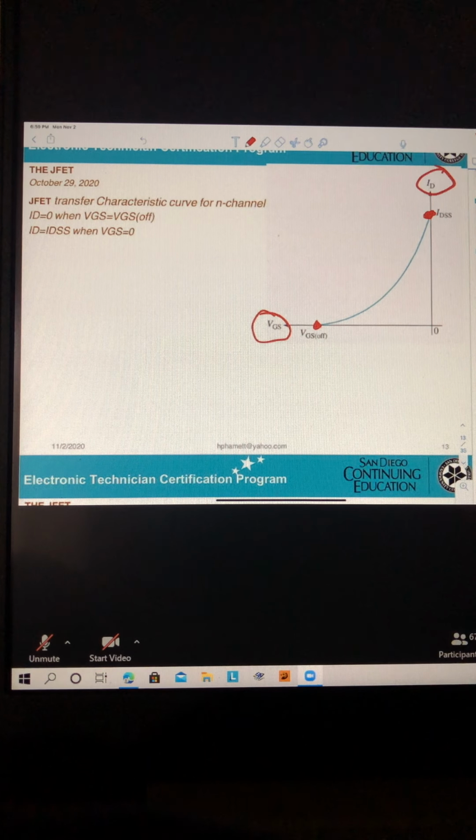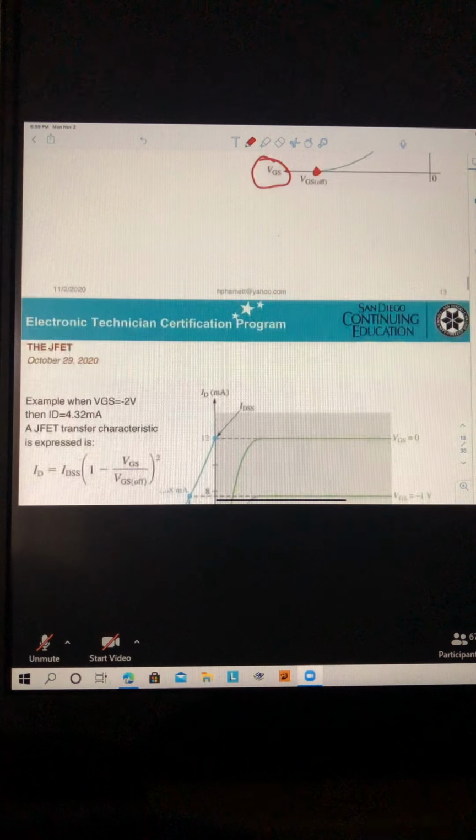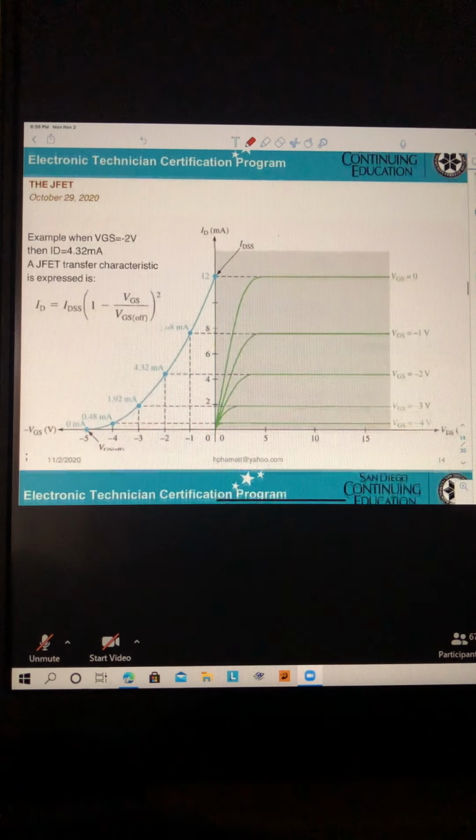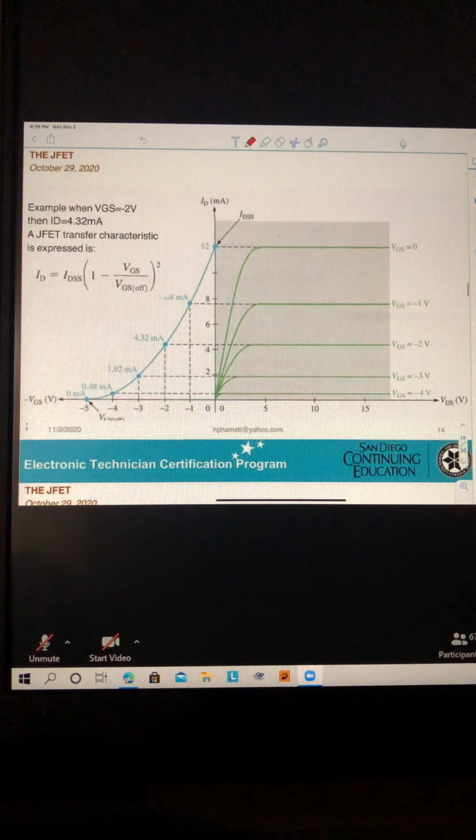So that is the transfer between VGS and ID. Now, on that one, they display both: one for VGS of 0, minus 1, minus 2, minus 3, and the other one displays the curve for ID and VGS.